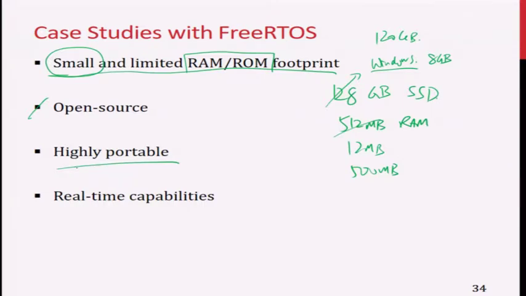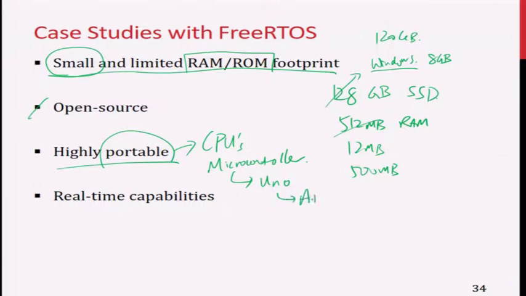When you say it's portable, that means you are able to map it to different CPUs, or in other words, different microcontrollers. In this particular lab and module, you are mapping it to your Arduino Uno, which is actually your ATmega328P microcontroller, correct?